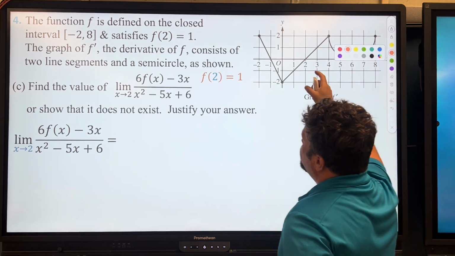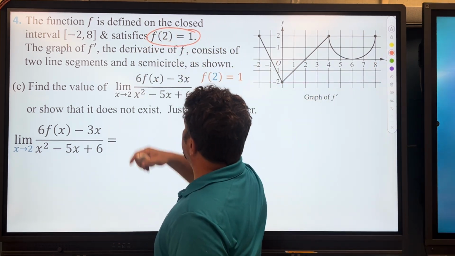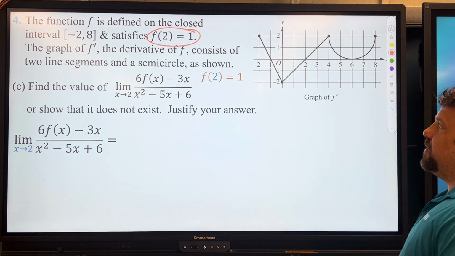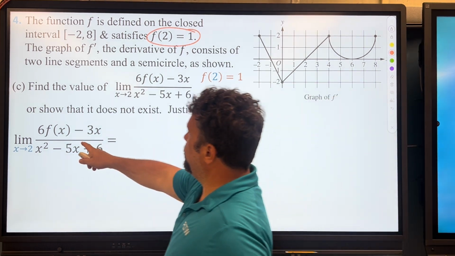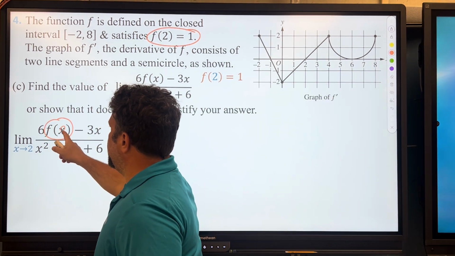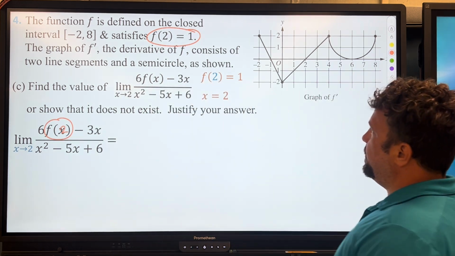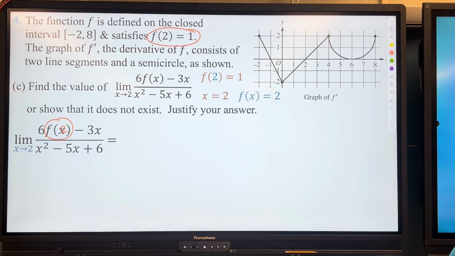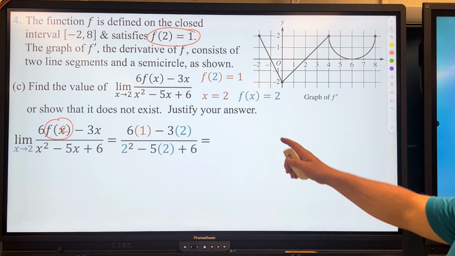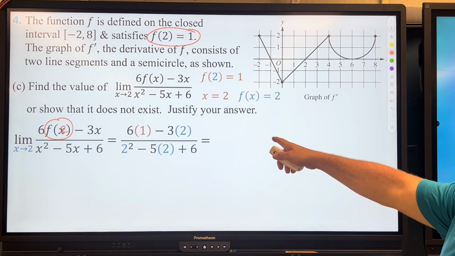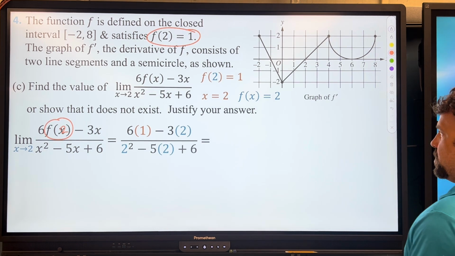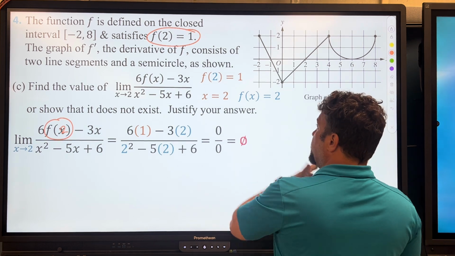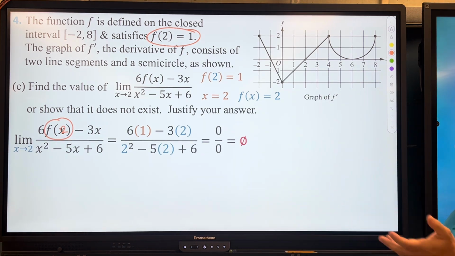How do I know f of 2 is 1? It says it right there. So if I typed in f of 2 here, 6 times f of 2, that's when x is 2, so 6 times 1 minus 3 over 2 squared minus 4 is 0. Undefined. Right away, wait, maybe it doesn't exist.